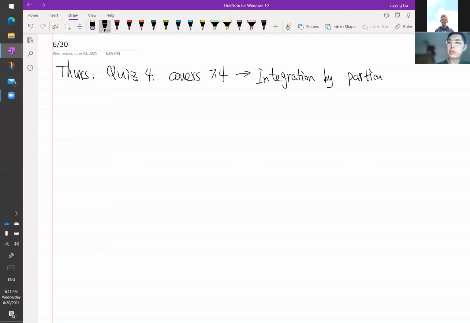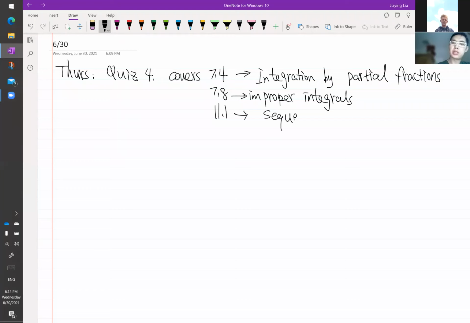And also cover 7.8, improper integrals, and also 11.1, which we're going to talk about today. Sam, if you have any questions, let me know. We can go with 11.1, which is going to be on sequences.